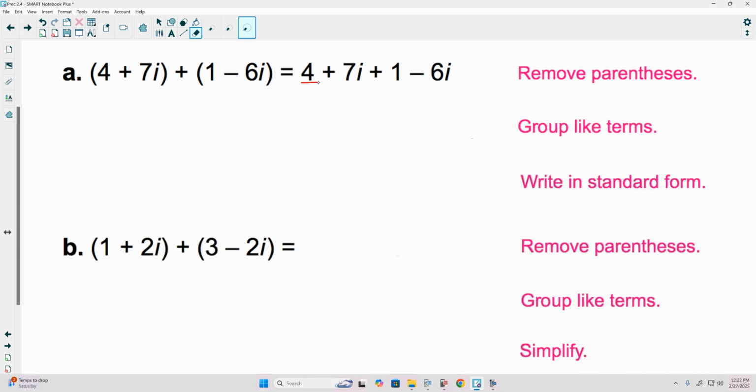The real numbers are 4 and 1. 4 plus 1 is what? 7i minus 6i. That's it.